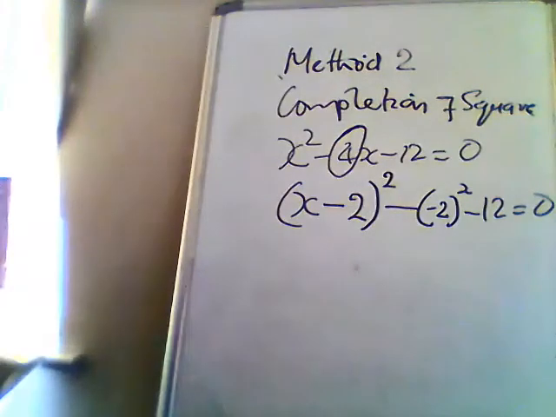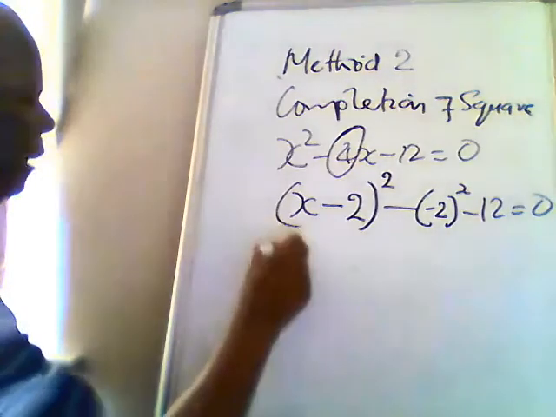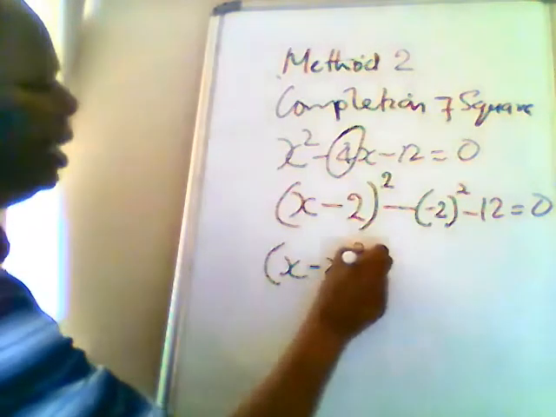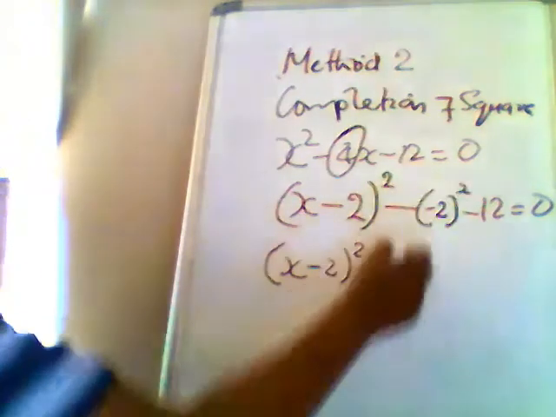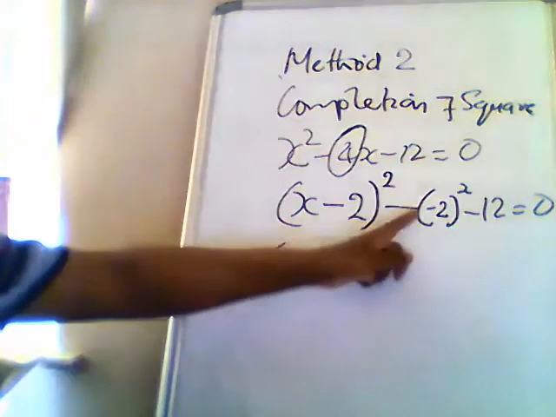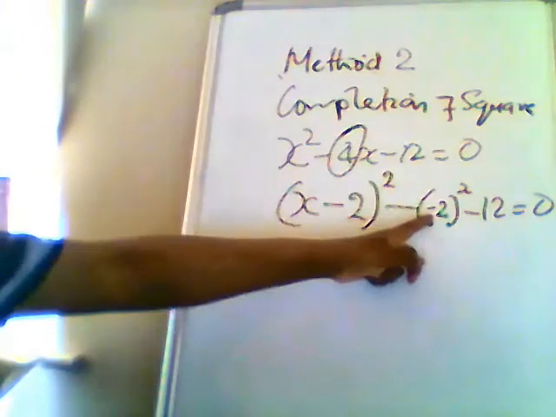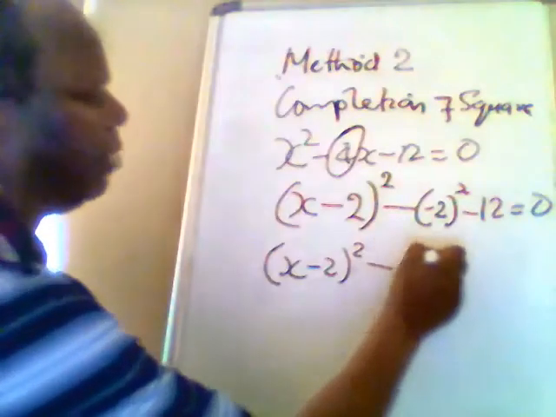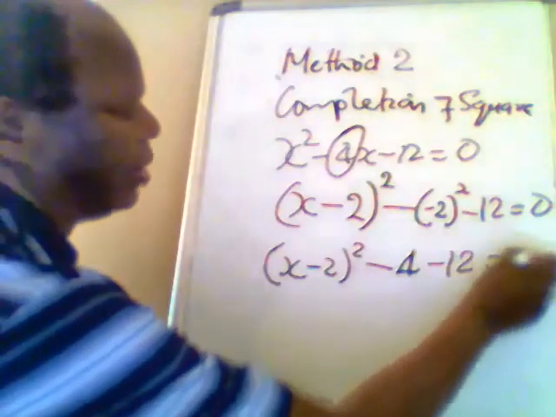So then I am going to have x minus 2 squared, then minus this squared is going to give me plus 4, and plus 4 minus plus 4 is going to give me minus 4, and then minus 12 equals 0.